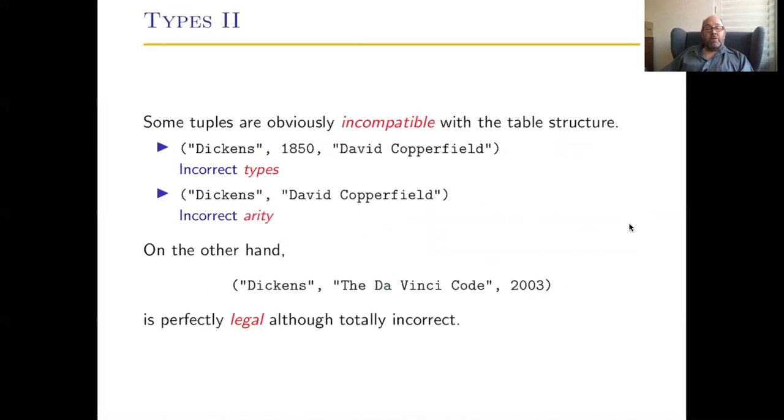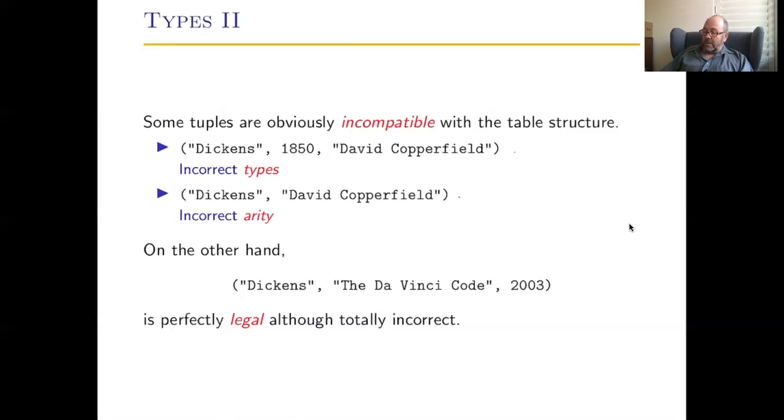Okay, so some tuples are obviously, fundamentally incompatible with the table structure. So Dickens, 1850, David Copperfield can't be a valid row because the types are wrong. The third field should be a number and it's a string instead. So that's definitely an incorrect tuple.